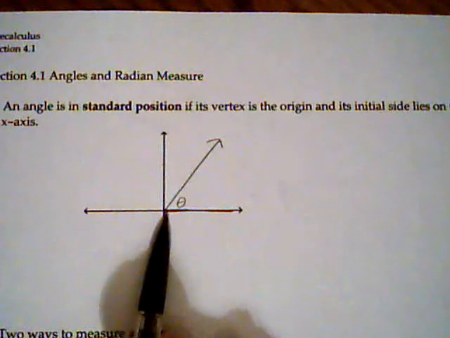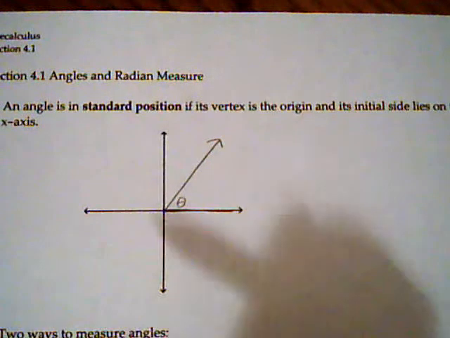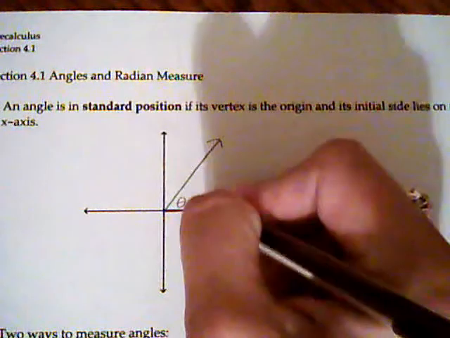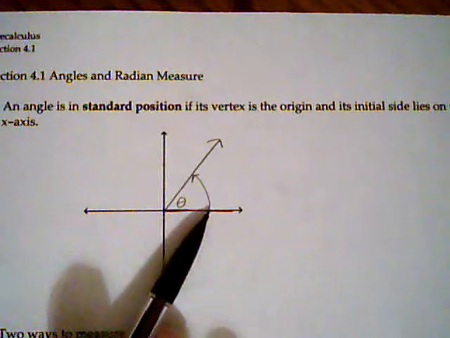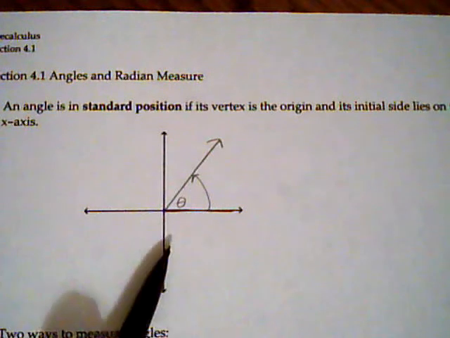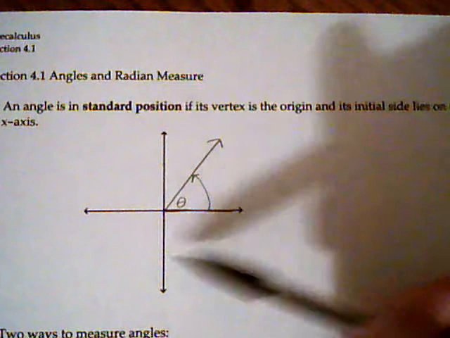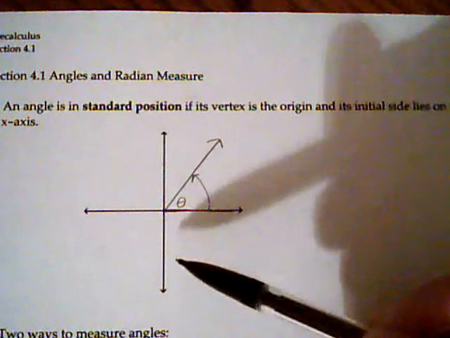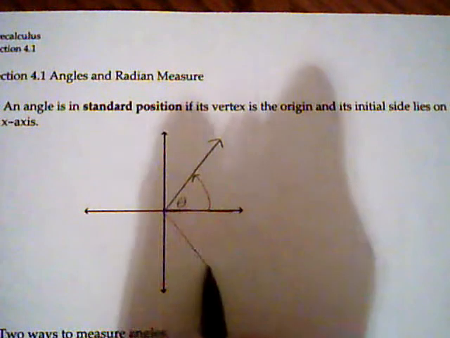Now we can have angles that have a positive measure, which this one would, because its terminal side is in the first quadrant. If our rotation is counterclockwise, then we're going to have a positive angle. You can have rotation that is clockwise, and that's going to result in a negative angle. So I could have an angle here.